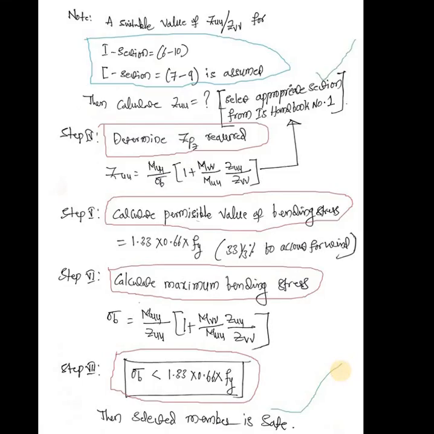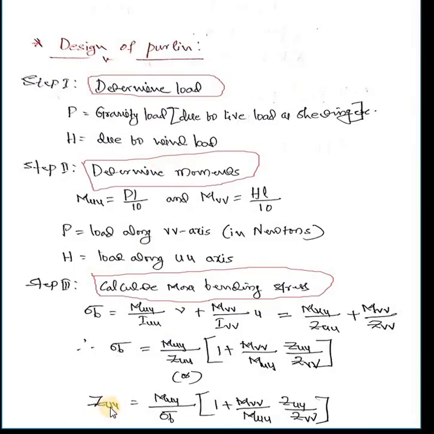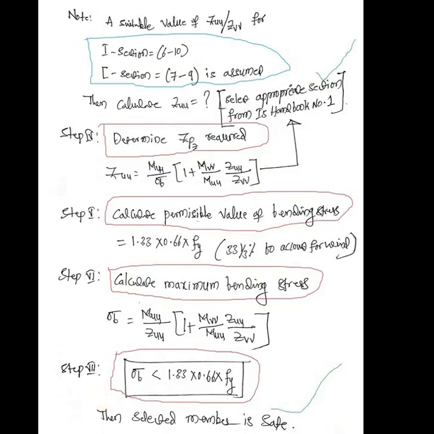Just now we discussed ZUU by ZVV. Without knowing ZUU by ZVV, it is highly impossible to calculate the section modulus. Only after calculating the section modulus can we select a section. So we should assume this ZUU by ZVV value.